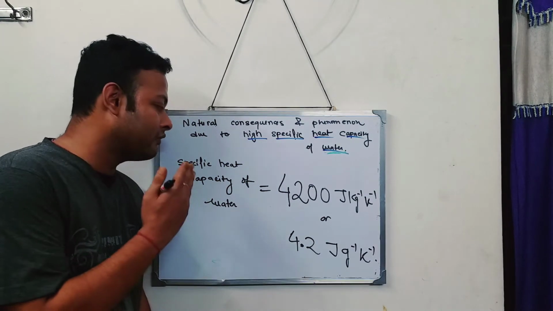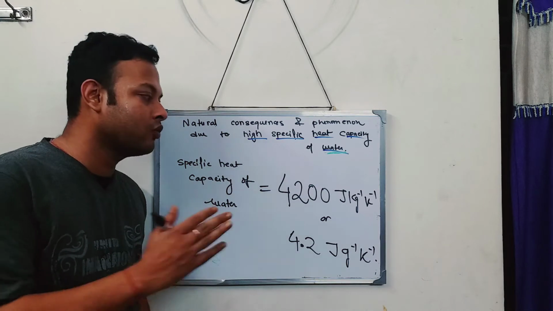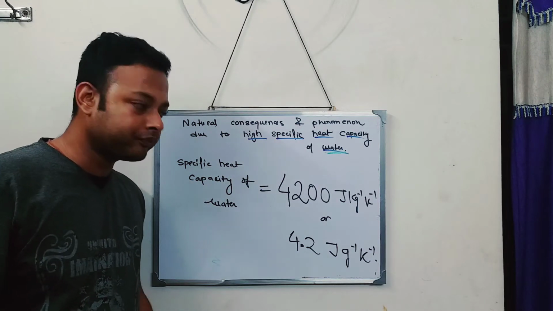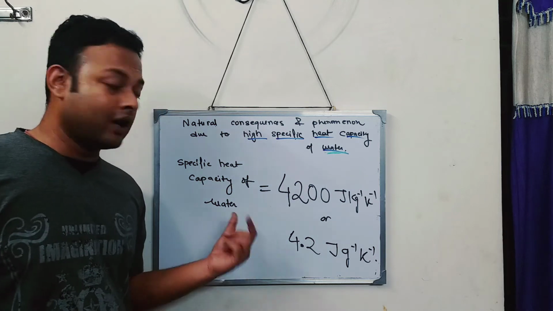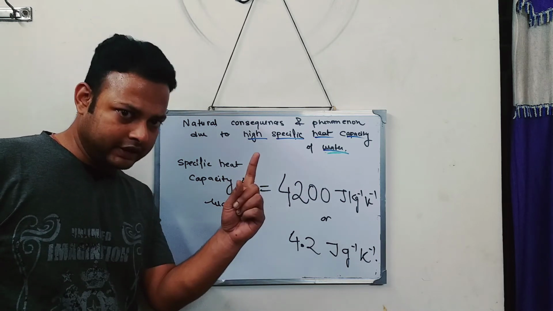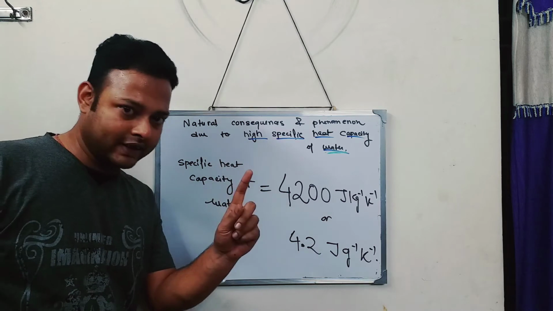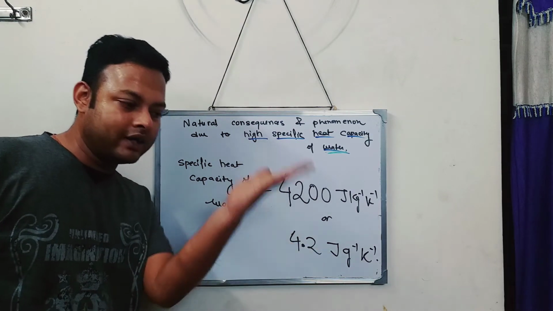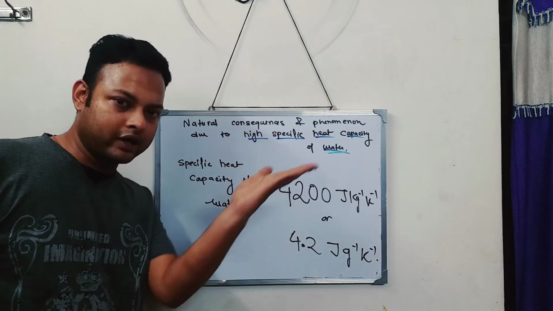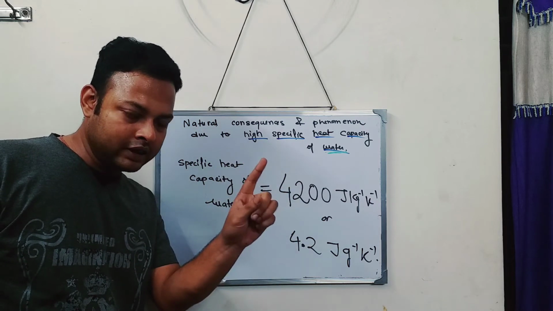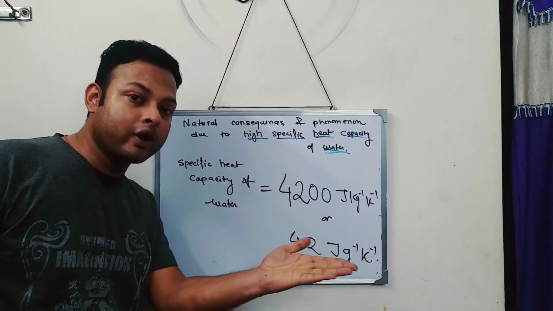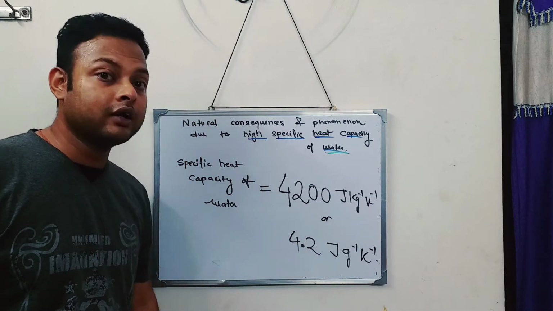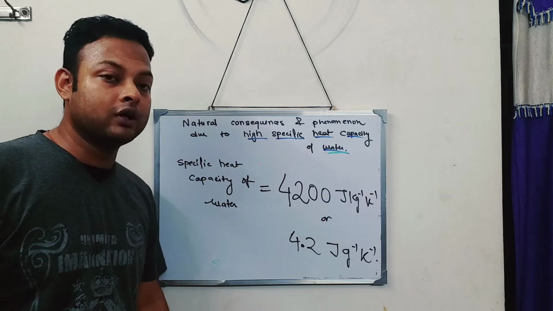Now having a very high specific heat capacity of water, which is 4200 joule per kg per Kelvin, what does this mean? That water of 1 kg, to raise the temperature by 1 degree, means from 20 to 21, it will consume a heat of 4200.